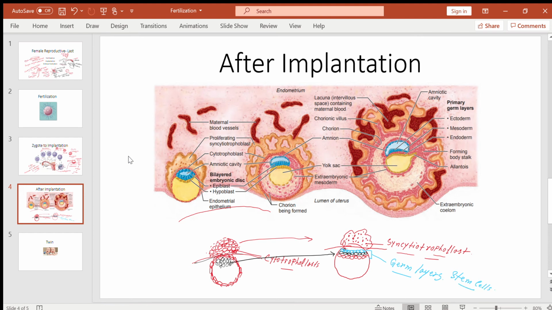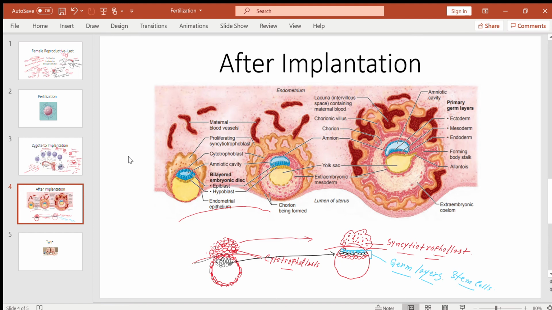We say very often, we use the term embryonic stem cells, right? So these are the cells you do use in research. So these three germ layers are formed from the inner cell mass.